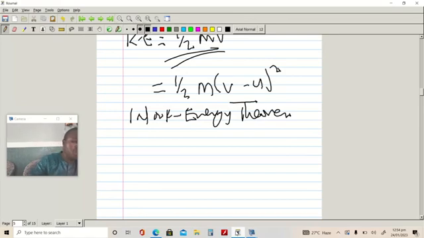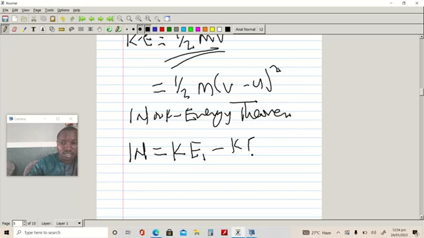So W is equal to the final kinetic energy minus the initial kinetic energy, which is the change in kinetic energy. That's what the work energy theorem says.